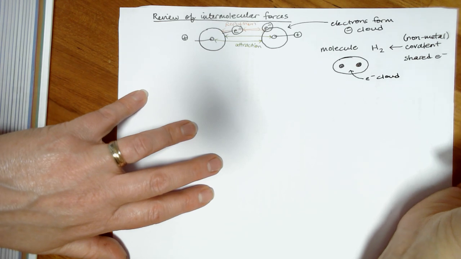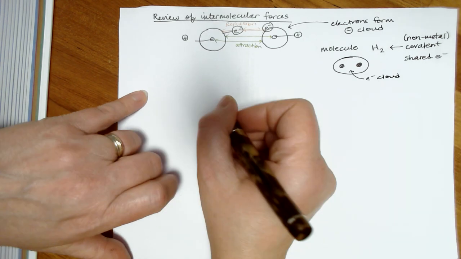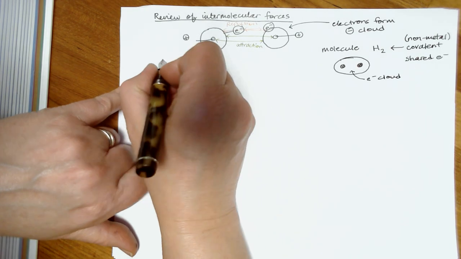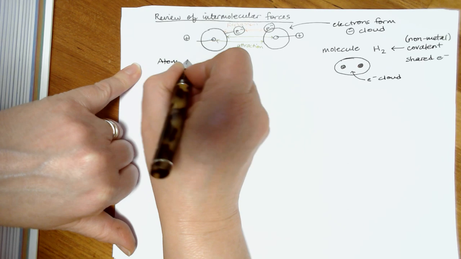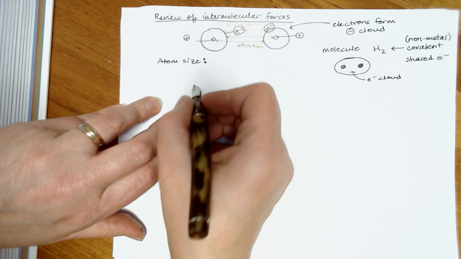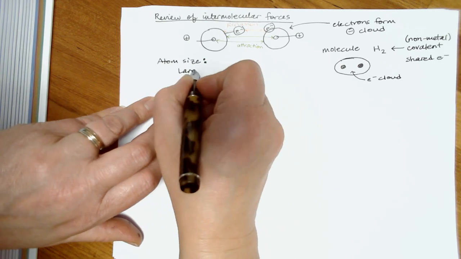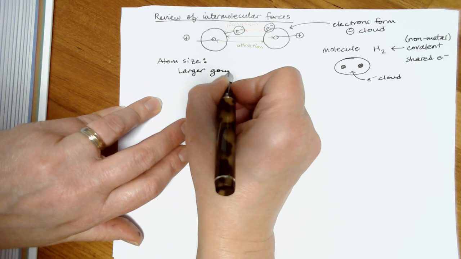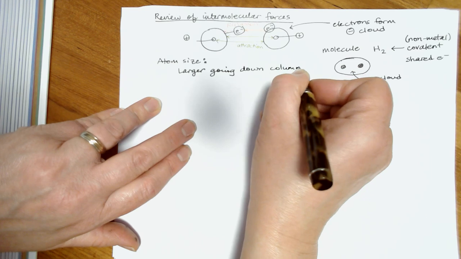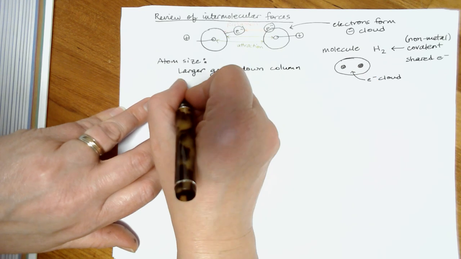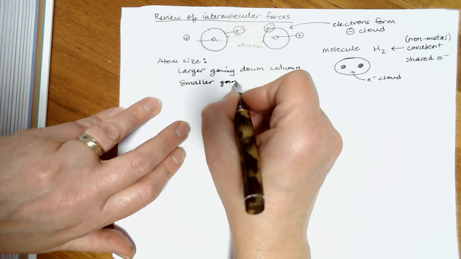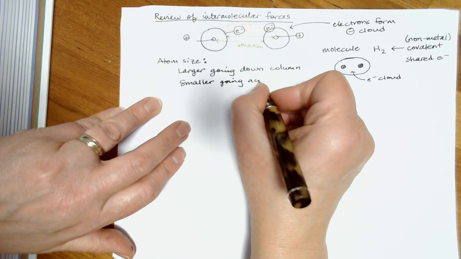Of course, we also have a few background pieces of information that we are remembering, which have to do with atom size. Remember that atoms get larger going down a column, and they get somewhat smaller, usually, going across a row in the periodic table.